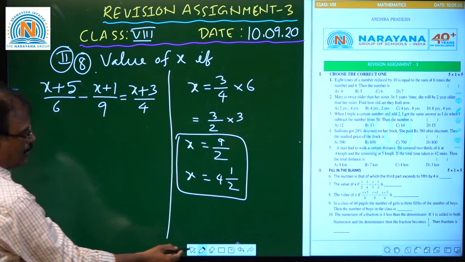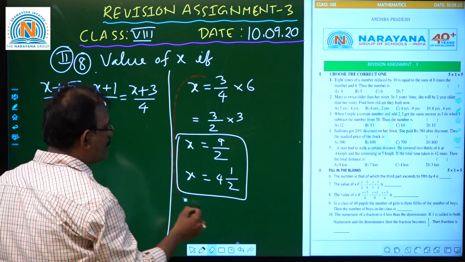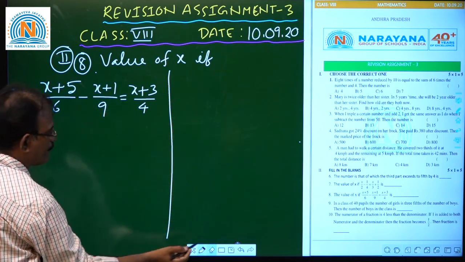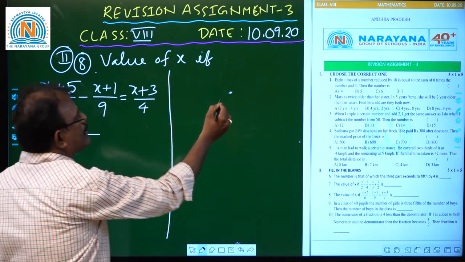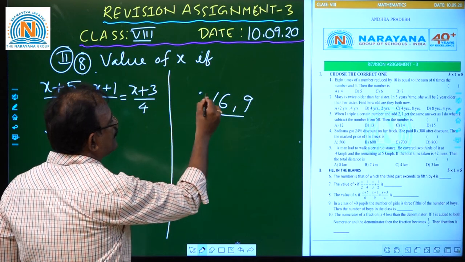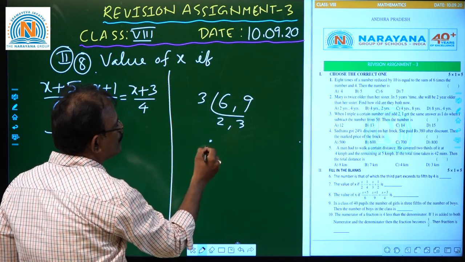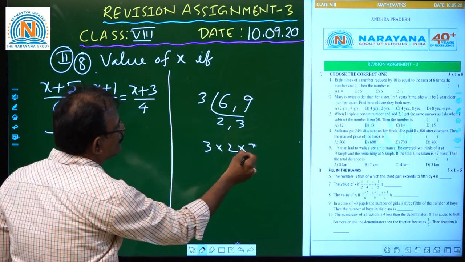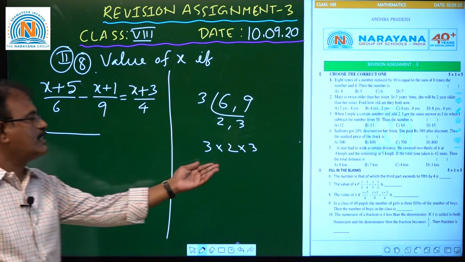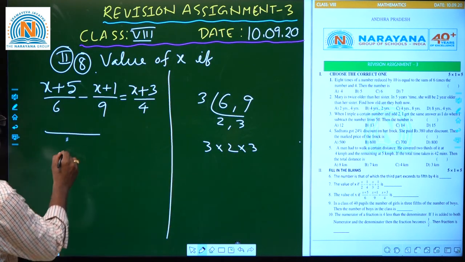So let us calculate the LCM of denominators for LHS. LCM of 6 and 9, taking the 3 table, so 3 into 2 into 3. So 3 twos are 6, 6 threes are 18 is the LCM.